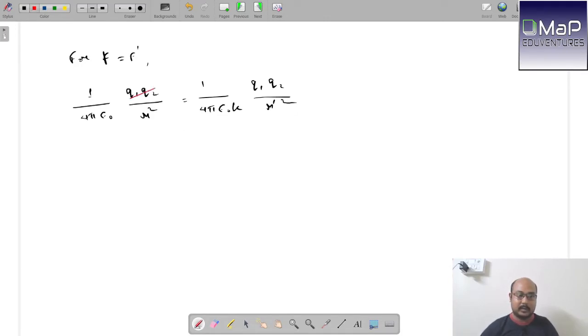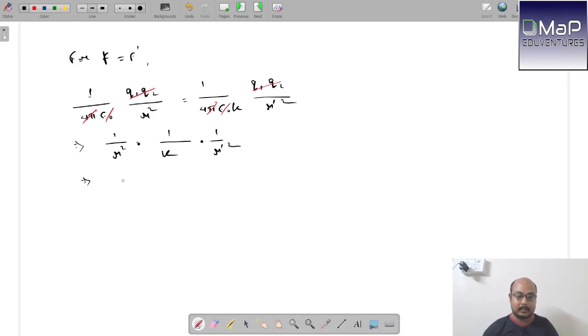To find this, we see that some common terms cancel out, 4 pi epsilon naught, all these cancel. What we are left with is 1 by r square equal to 1 by K and 1 by r dash square.